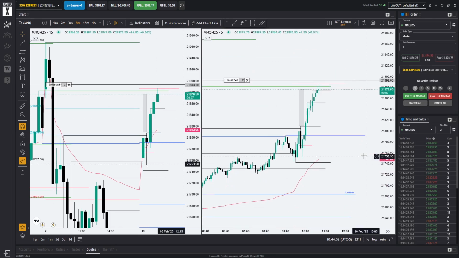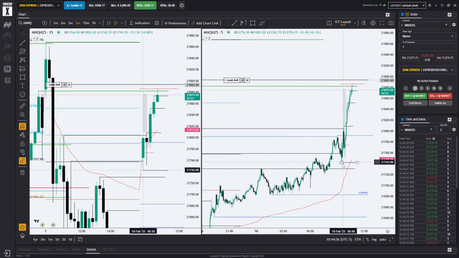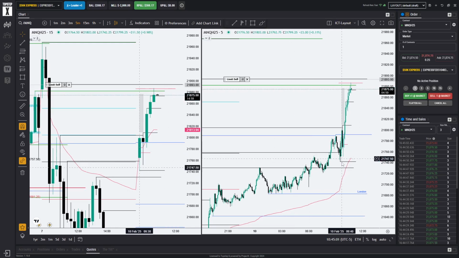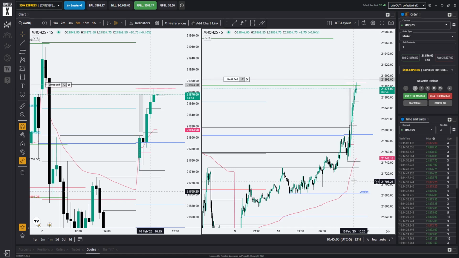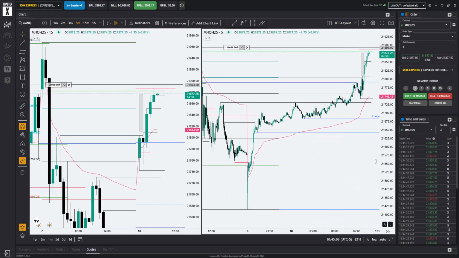Difficult day, very difficult day. Literally no pullback on NQ. The plan about shorting into the London didn't work. They've been just basically buying.